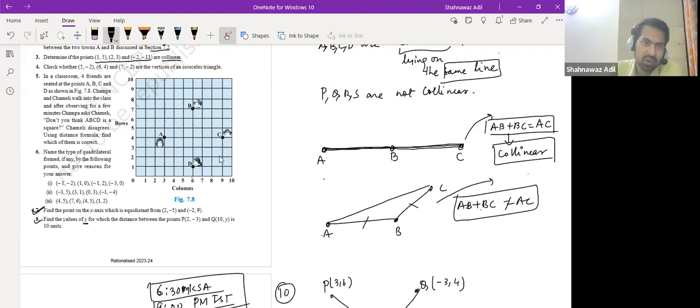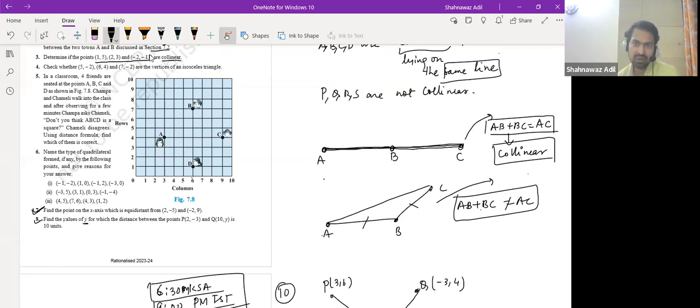Yes. But can we not find that they are collinear by drawing the Cartesian graph? Yeah, so then you have to draw the graph. Obviously when we draw the graph of these coordinates and draw the line, then we can check whether they are collinear or not. But we don't have to use a graph in this exercise, in this chapter.